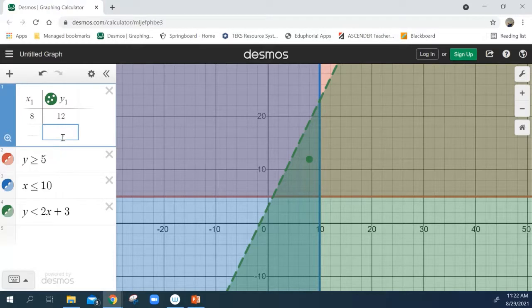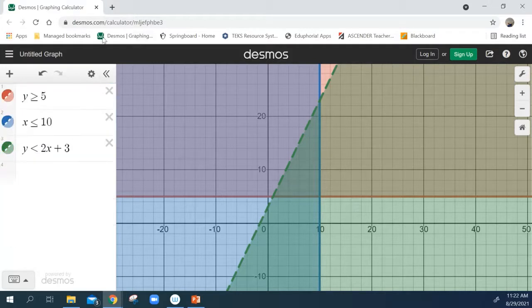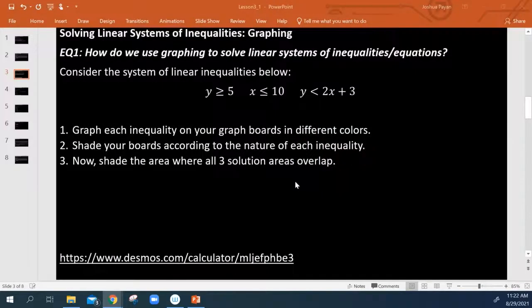This is a point wherein y is greater than or equal to 5. It's 12. X is less than or equal to 10. It's 8. And y is less than 2 times x plus 3. So 2 times 8, 16 plus 3 would be 19. Okay, so we see that this is obviously within our solution area. So any other point would also be in our solution area and thus make this system true.